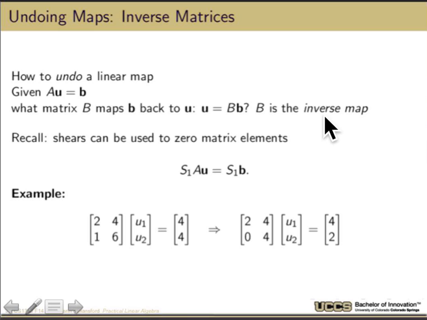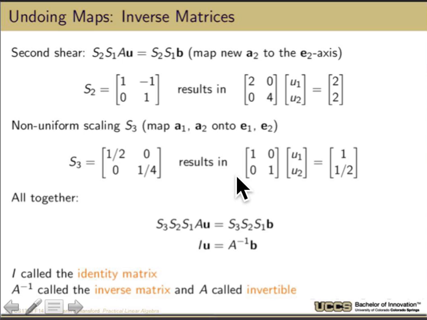Just as we did during Gaussian elimination, we can use shears to make this interesting. If I go back to the original matrix equation and think about the shear I used for Gaussian elimination, I'm going to shear that down, and I'll get this. So now I have a new matrix equation. I've applied S1 on both sides. Now I'm going to do a second shear: I multiply both sides by a second shear, which maps on the E2 axis, and I get this matrix, 2, 0, 0, 4.